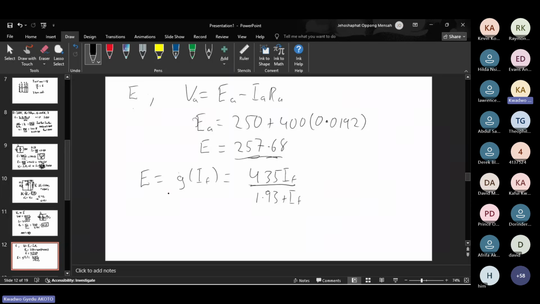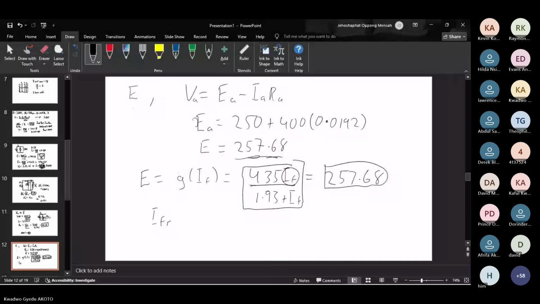So this is going to be equal to our E at full load, which is 257.68 volts, right? Making IF the subject, we find our IF that is going to give us this characteristic for our E. This at the beginning was like 100.